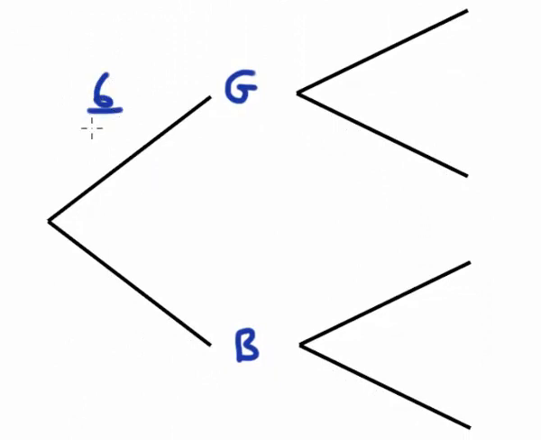It's 6 out of the 11. The blue is 5 out of 11. You see, there's 5 blue pencils. So the probability of removing a green would have been 6 out of the 11 in total, and the probability of removing a blue would have been 5 out of 11. Okay, cool. That's the probability there.